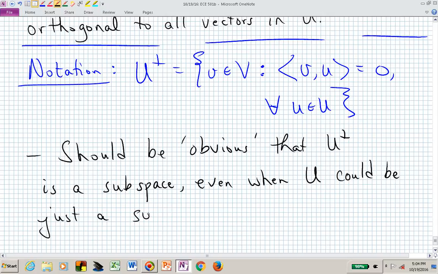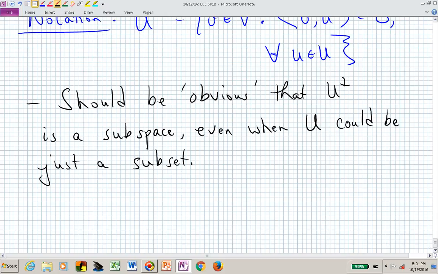We will deal with U being both a subset and a subspace, but right now we're just talking about U being a subset, and we can immediately say that its orthogonal complement is actually a subspace.